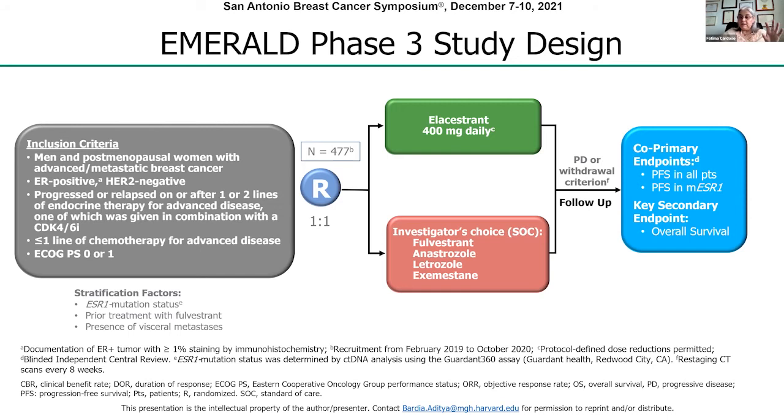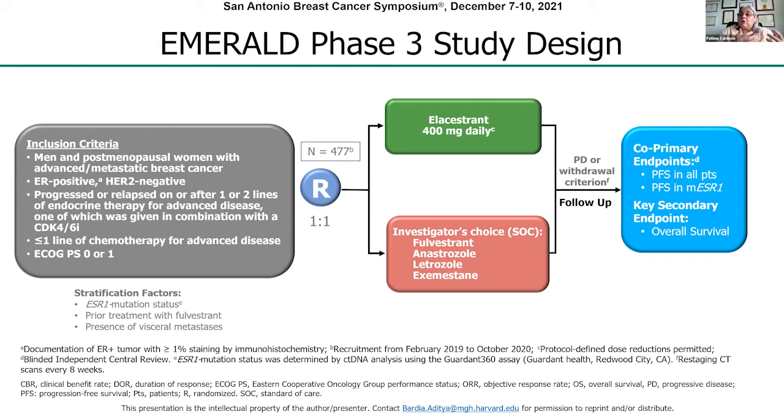Unlike tamoxifen, which binds to the receptor but doesn't destroy it. Now, fulvestrant is a very effective drug, but it is injectable. You have to have 2 injections, one in each buttock, every month. So it's not comfortable. That's why for a long time we've been trying to develop oral SERDs, or oral types of fulvestrant.